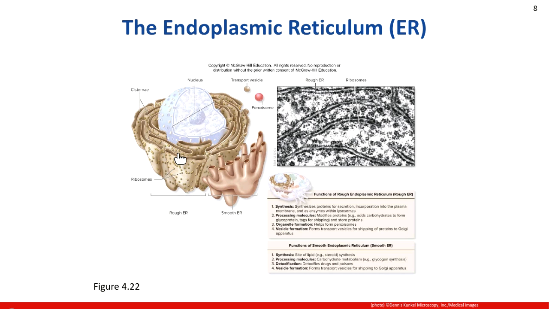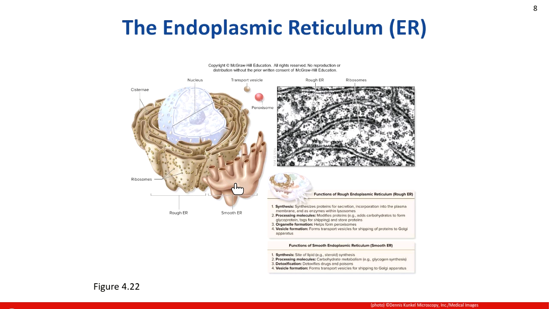One is referred to as the rough endoplasmic reticulum, and we call it rough because it has these little bumps on it. Those bumps are called ribosomes, and ribosomes will actually make and build proteins. That's their job.